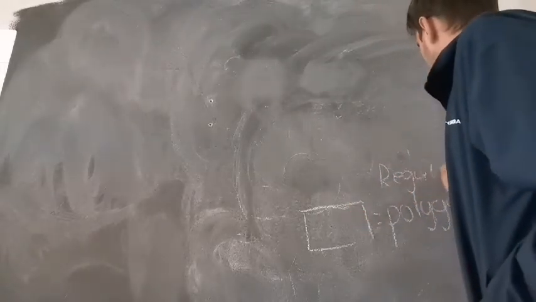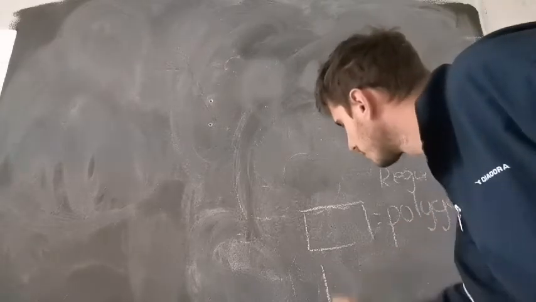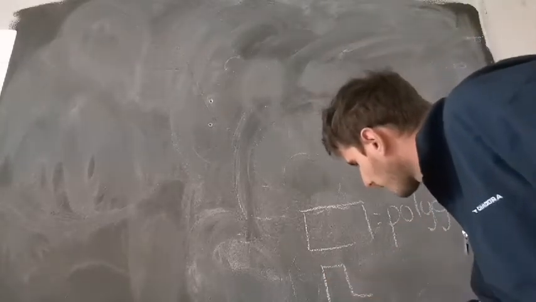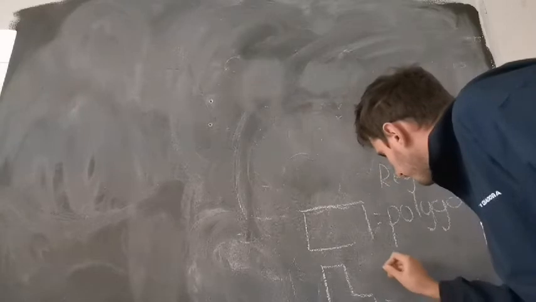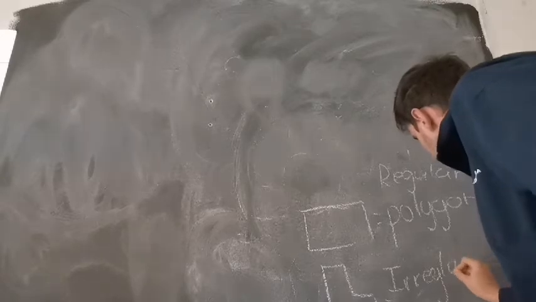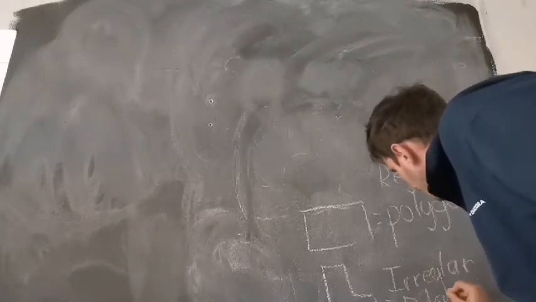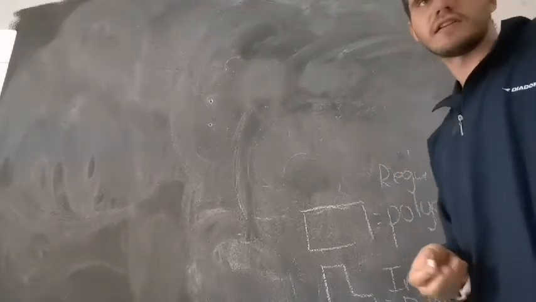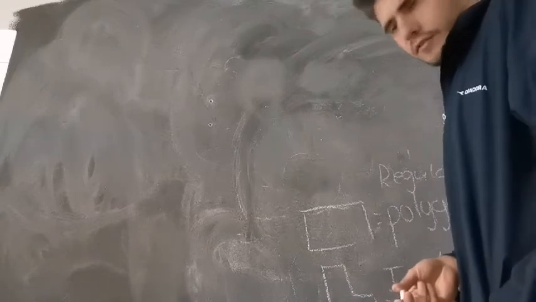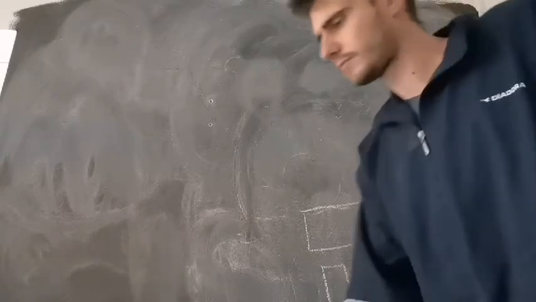Then we've got an irregular polygon. An irregular polygon also refers to an object that has multiple sides, but the shape is irregular. Hopefully that is understandable.